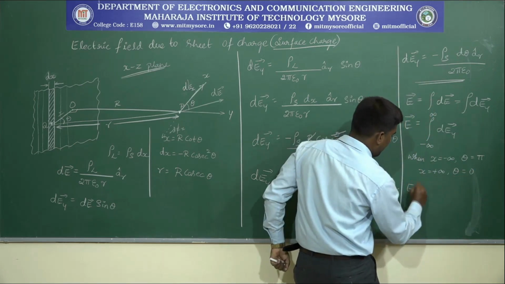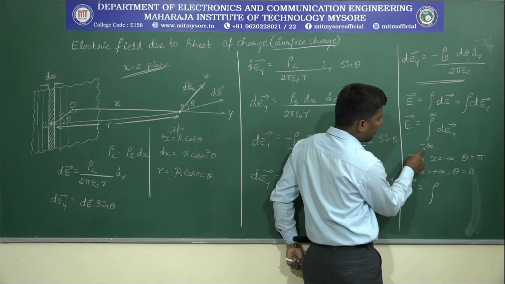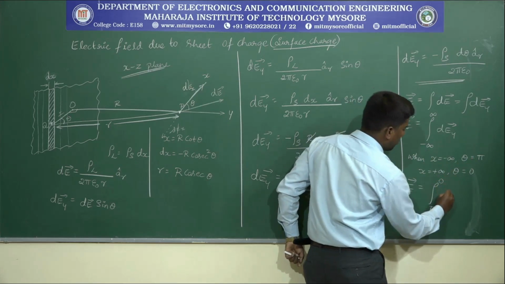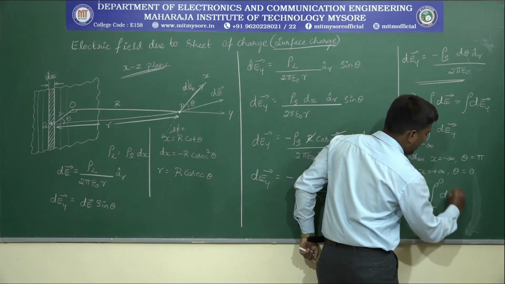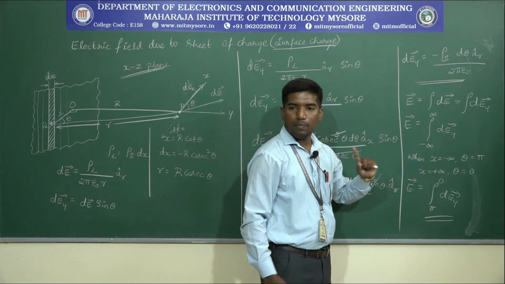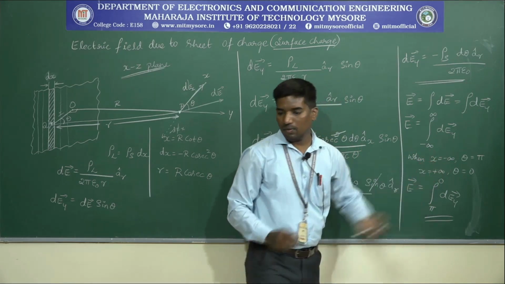Then the integration limits become from where to where? Minus infinity means pi. Pi to 0, dEy component. We need to integrate with these limits pi to 0, not 0 to pi. So integration is from pi to 0.